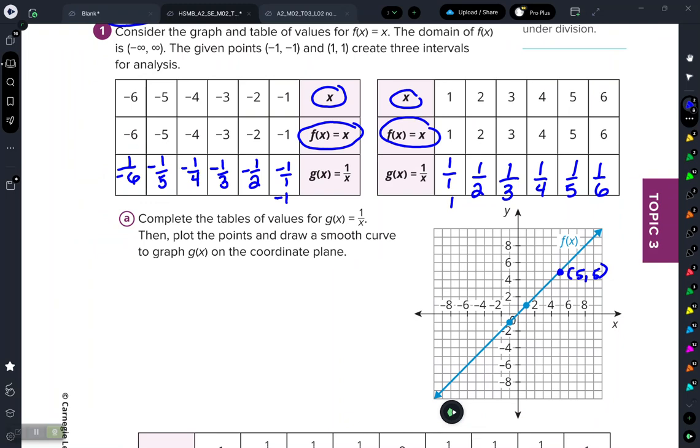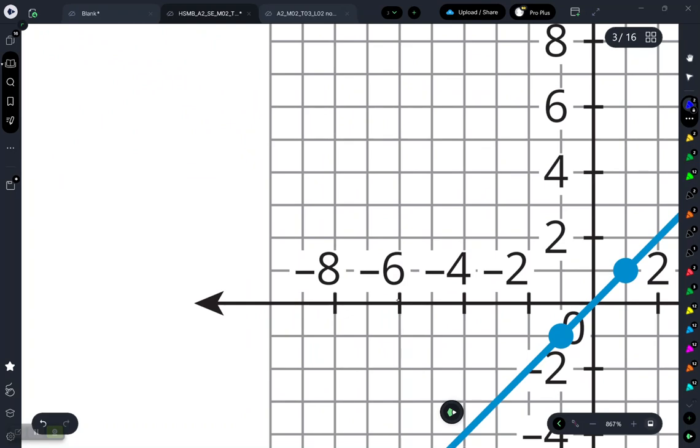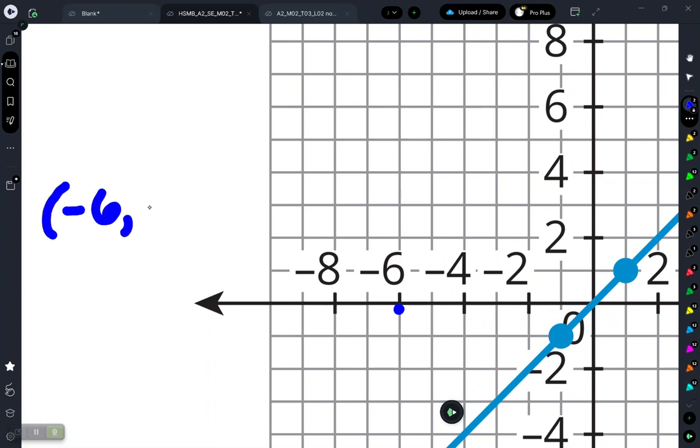Okay. Negative 6 comma negative 1/6. Here's negative 6. Negative 1/6 means it's going to be really close to the x-axis, but below it. That was the point negative 6, negative 1/6.